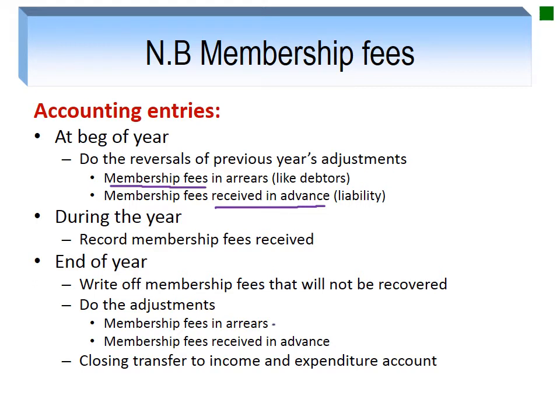So membership fees in arrears are like a debtor, and membership fees received in advance are a liability, because those are amounts that we'd have to pay back if the membership fee, for example, was cancelled. Then we're going to do the closing transfers from the membership fees account to the income and expenditure account. So these are the entries that have to be done in the membership fees account during the year.